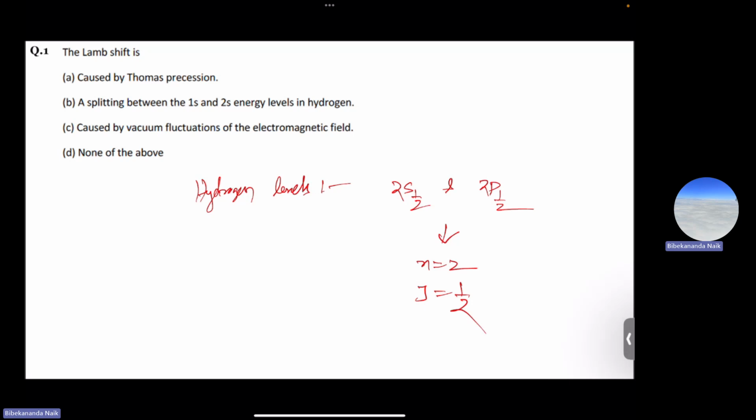It was first experimentally observed by Lamb and Retherford. So the question asks, what is the cause of the Lamb shift? The energy difference delta E is 0.0353 centimeter inverse.